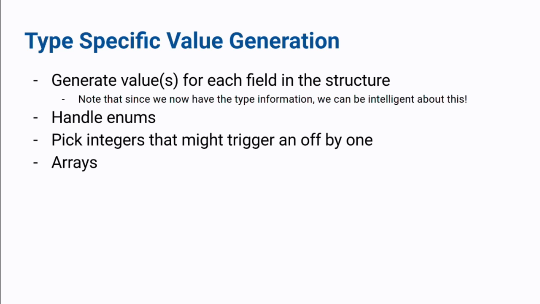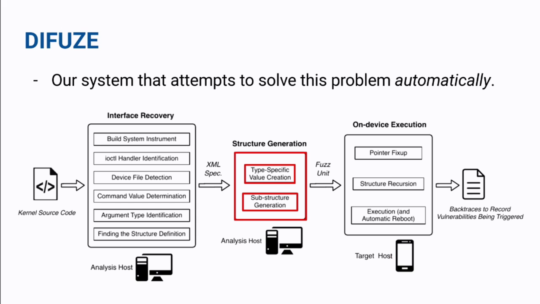For character arrays or whatever, we can try to create both long and short arrays to maybe trigger both buffer overflows and valid functionality. And so for each data type, we have a few strategies of how we randomly pick values for it. And this all makes up the structure generation component of Defuse.